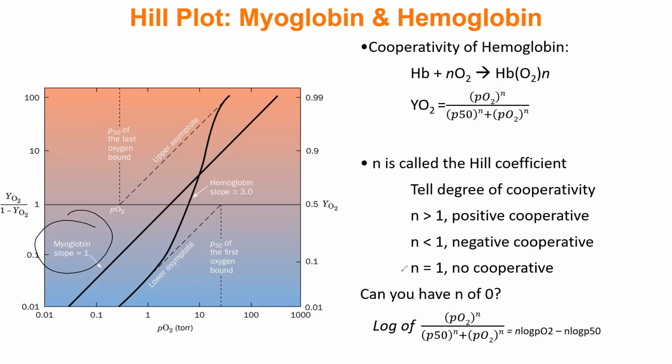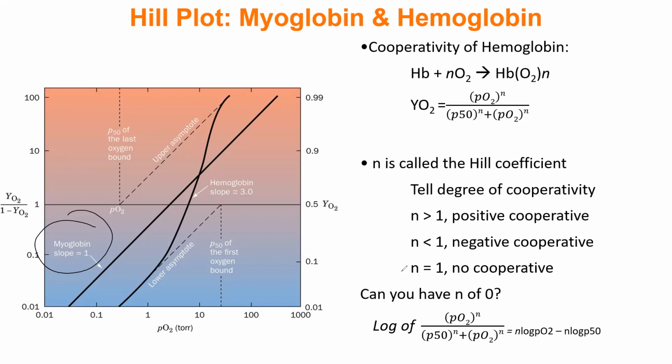Myoglobin only has one binding site. Therefore, if I'm a myoglobin and I bind oxygen, I have nothing to influence. To have cooperativity, you have to be able to bind multiple ligands in the same protein. Myoglobin can't do that, so it has a Hill coefficient of 1.